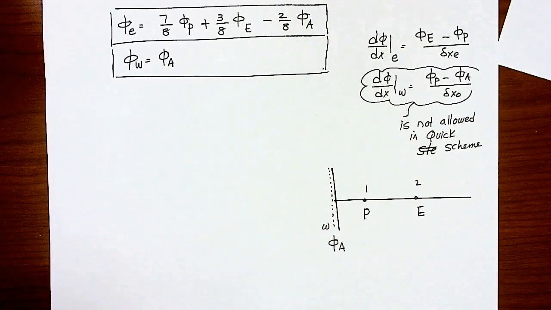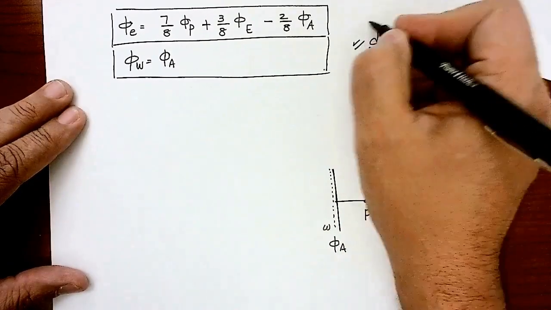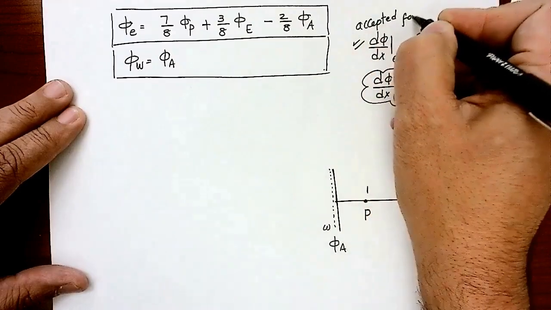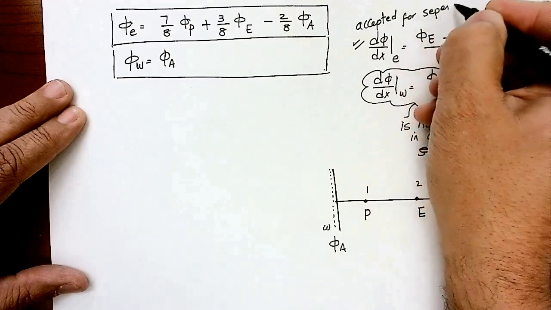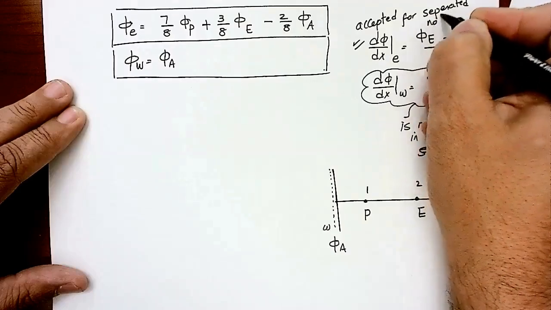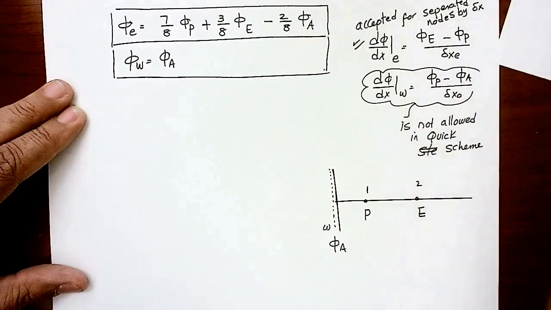So since the quick scheme is using a quadratic formula, it doesn't like that approximation here. So the approximation here is accepted for separated nodes by full delta x, right?